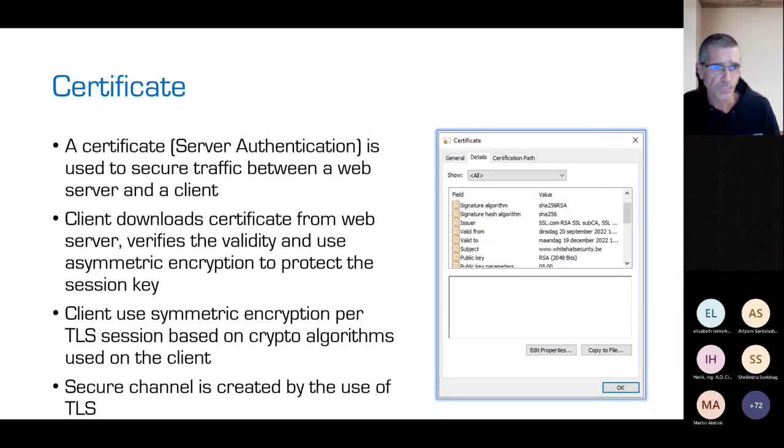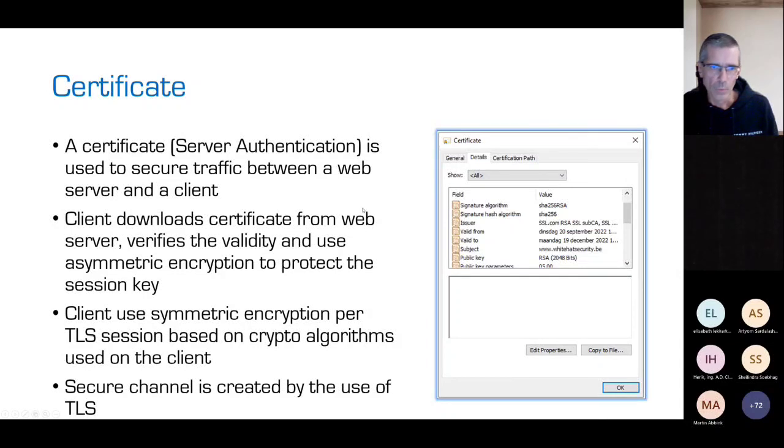Now, how does the process work when you have a certificate on your web server, and the client wants to initiate a secure connection? The client, or your web browser, connects to the web server. The certificate of the web server is downloaded to the client, its web browser. And what the web browser will do is first check the validity of the certificate.